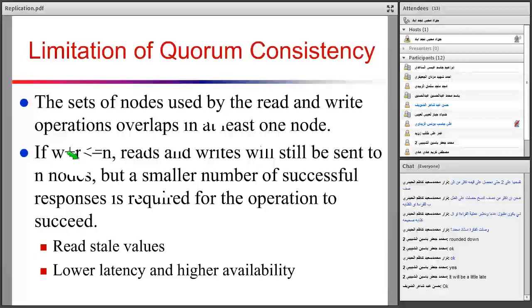This is good for systems with lower latency and higher availability, but again, there are some cases where the reader gets stale values, not the newest and up-to-date values.